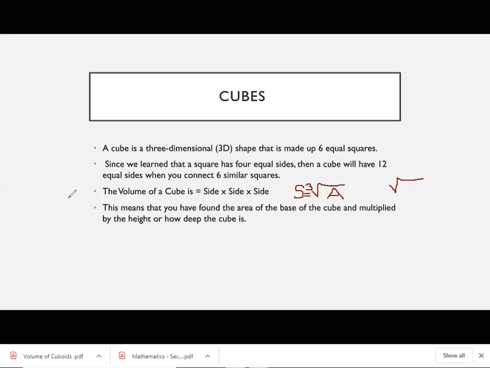So if I were to say how to learn cube root, I will show you in your manual there is a cube root timetable. So let's not worry about it too much. Let's make sure we understand the formula. The formula for finding volume is side by side by side. The formula for finding side, if you know the volume, is cube root of volume.